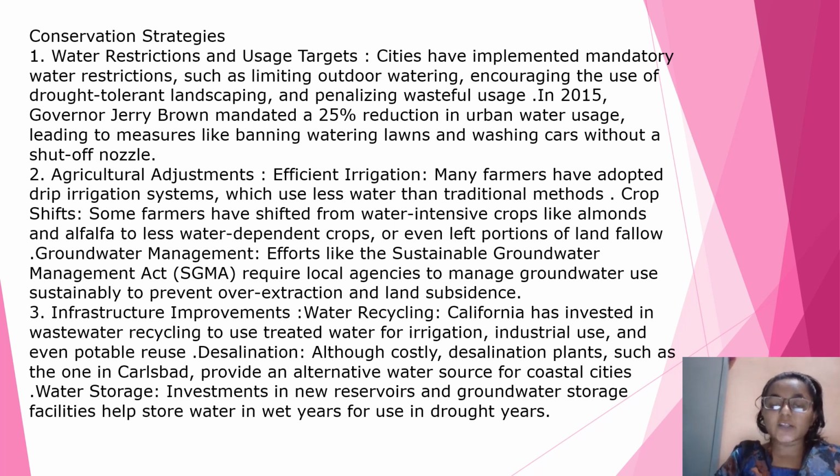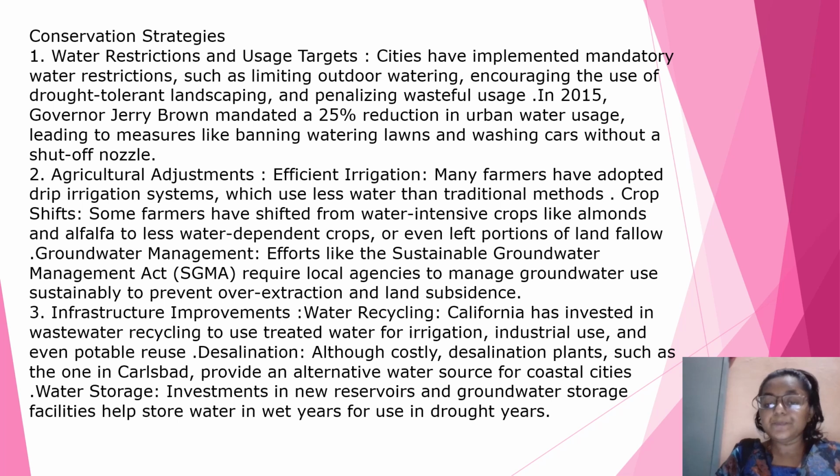Infrastructure improvements. Water recycling. California has invested in wastewater recycling to use treated water for irrigation, industrial use, and even potable reuse. Desalination.